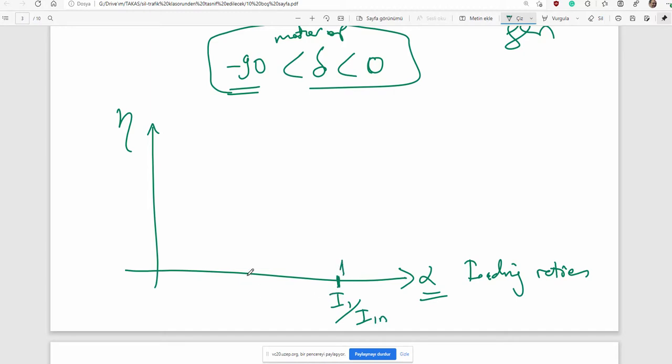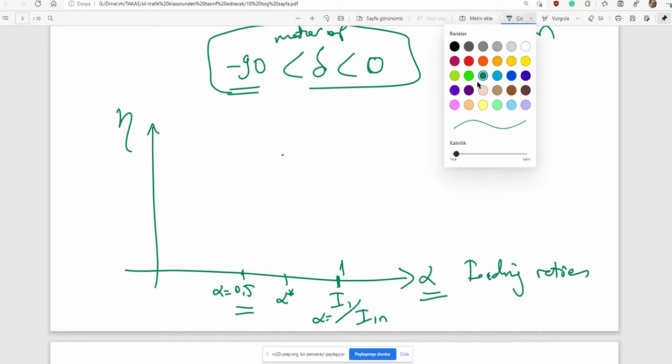That is unity, let me say 0.5, half loaded, that is alpha. And then you remember in the transformer, here's alpha star having maximum efficiency.